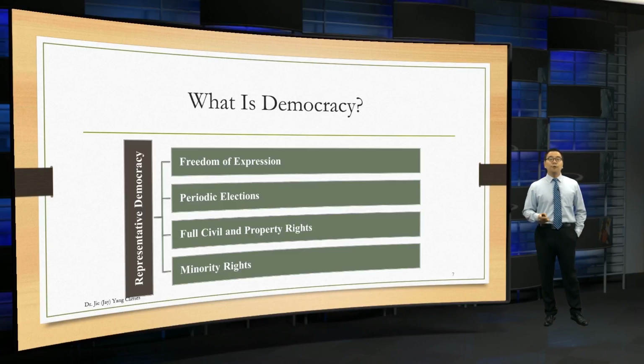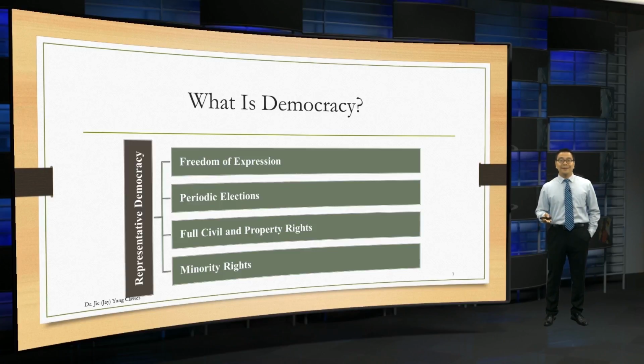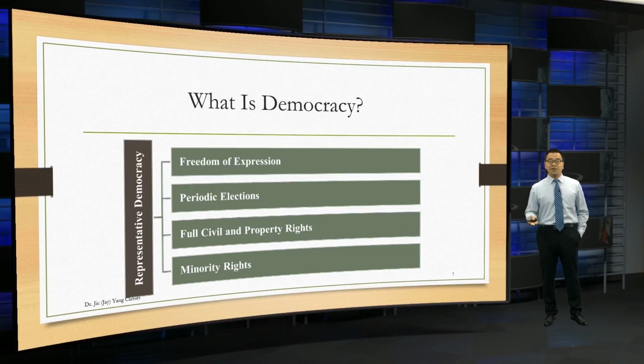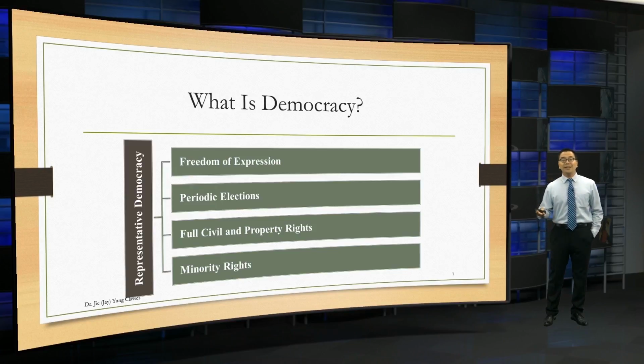Third, full civil and property rights. As we know, civil rights include freedom of speech, freedom to organize political parties, and the right to a fair trial. Property rights are the privileges and the responsibilities of owners of property, such as your homes, cars, businesses, and so forth.